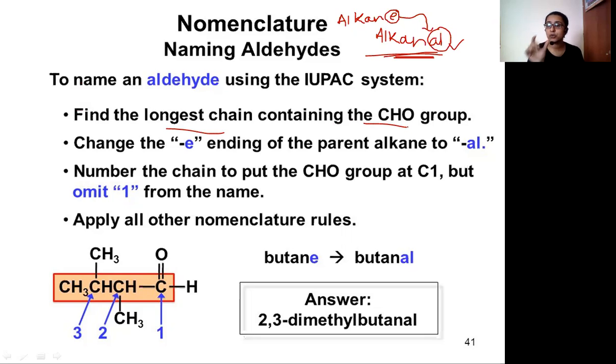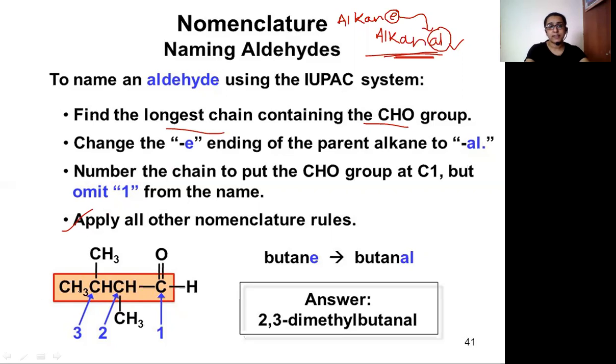That CHO group should always get number 1, because it is a functional group and numbering should start from that end only. The rest of the rules, naming of substituents and numbering of side chains, will remain the same. That won't change. So we will try to solve some IUPAC examples.